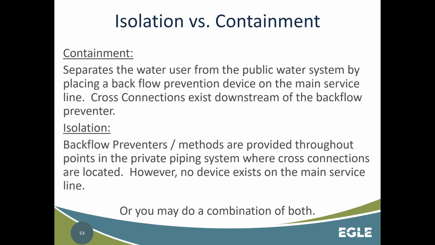It's isolated to that area, because say a backflow event occurs, but the backflow preventer is triggered and stops it, and it doesn't spread to the rest of the building because it was stopped in the plating part of it. A, it's exposed to fewer people, and B, it's isolated to only that particular area of the building. The rest of the building was okay. That's considered isolation, meaning different parts of the building are broken up and protected by these different backflow preventers. Or you may have to do a combination of both.